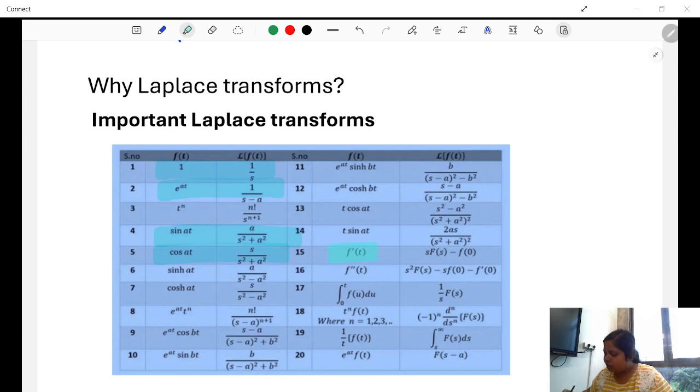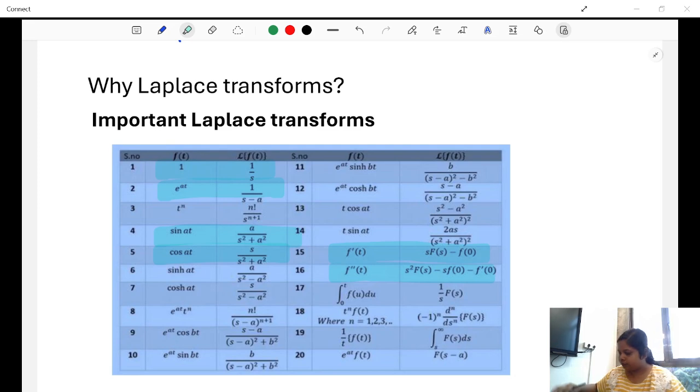The differential one is also important, and you're going to use them everywhere. It is going to be the foundation for the control systems course. So once you derive them, try to have them in mind. And when you practice questions many times, you're already going to have them. Mostly you'll be able to use them very efficiently.